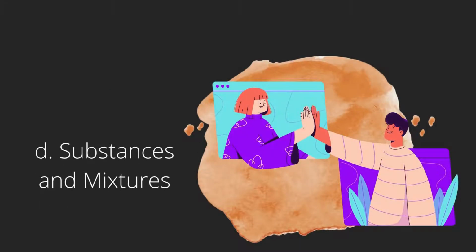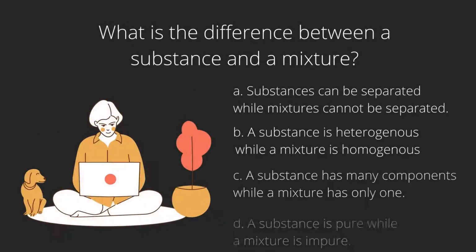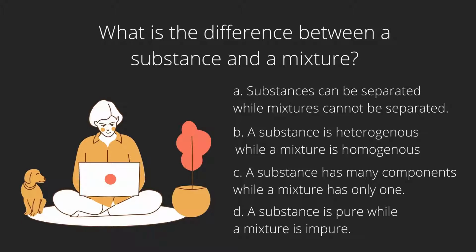That's right. 2. What is the difference between a substance and a mixture? A. Substances can be separated while mixtures cannot be separated. B. A substance is heterogeneous while a mixture is homogeneous. C. A substance has many components while a mixture has only one.